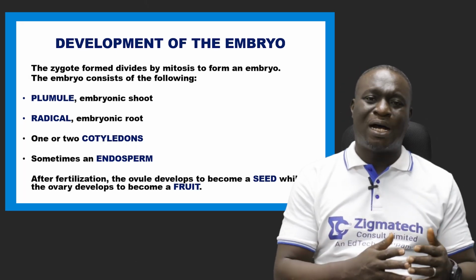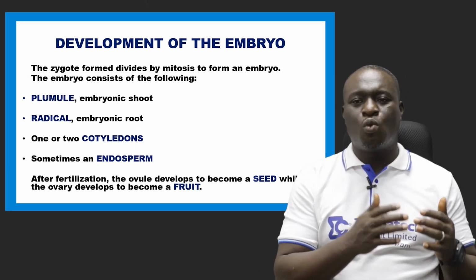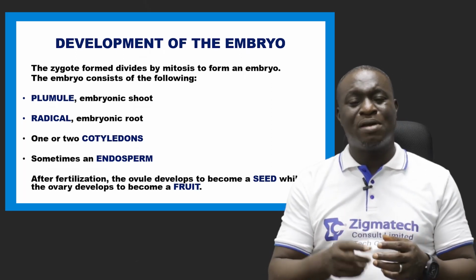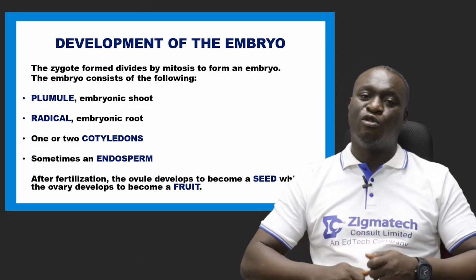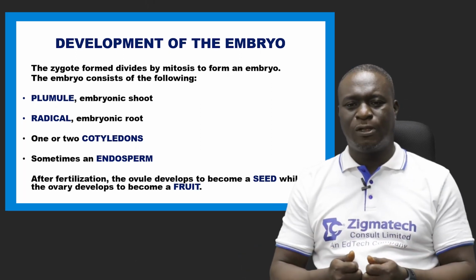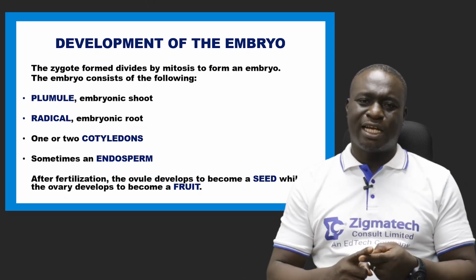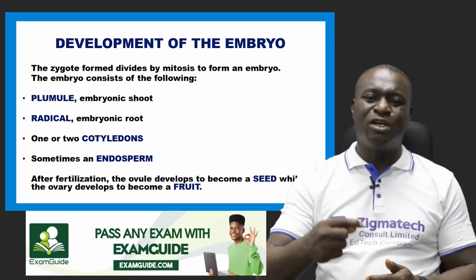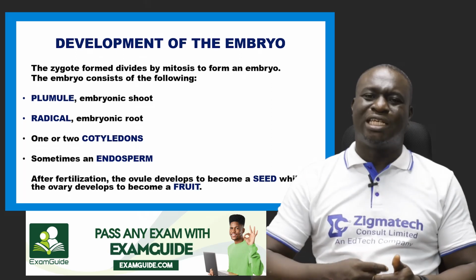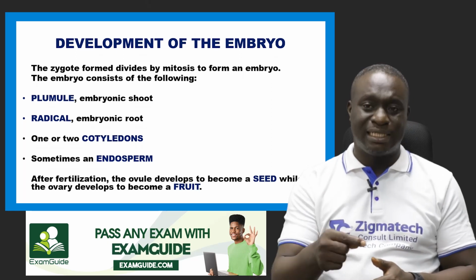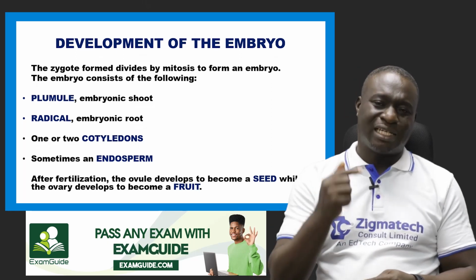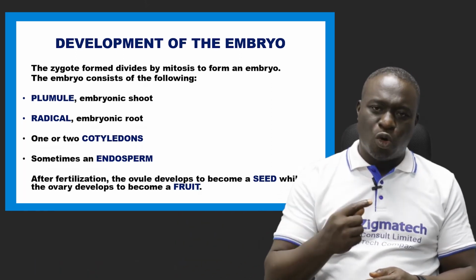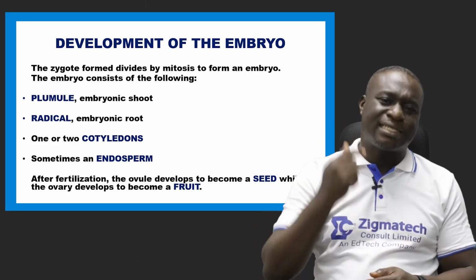While the endosperm, if it is a one cotyledon, there is presence of an endosperm. And the endosperm is used by the embryo for its nourishment and growth. Okay? So please take note. After fertilization, the ovules develop and become a seed.